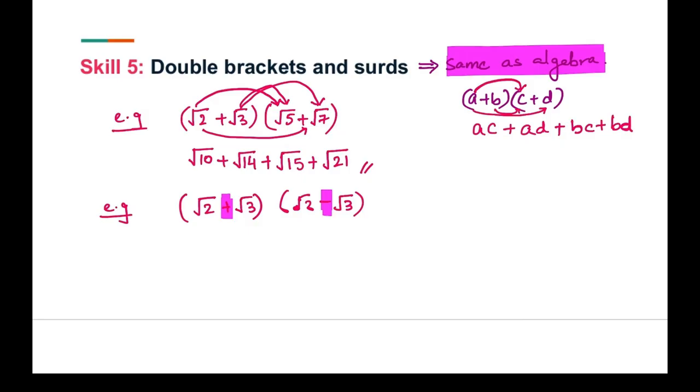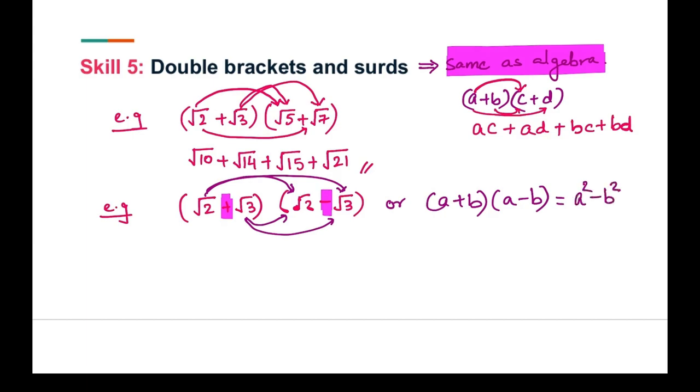You can use the same method as multiplying each number with the other, or you can use the a plus b and a minus b algebraic identity, and it equals a squared minus b squared. Okay, these identities are really important to learn if you want to do higher algebra, right? So here this can be a plus b and this is a minus b, so it gives us a squared minus b squared, which is root 2 squared minus root 3 squared.